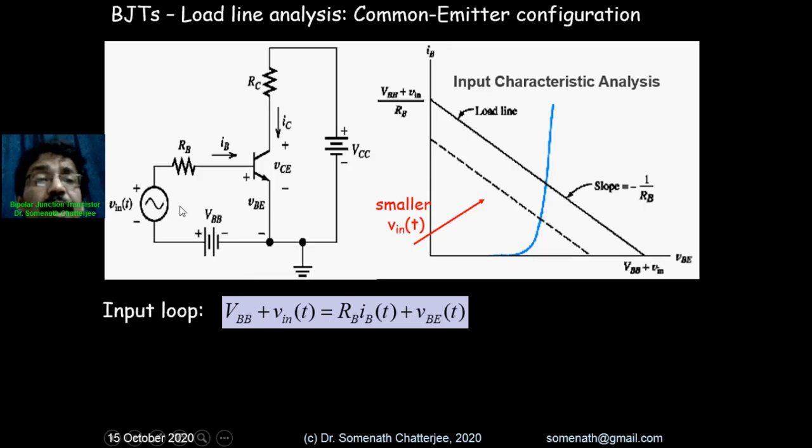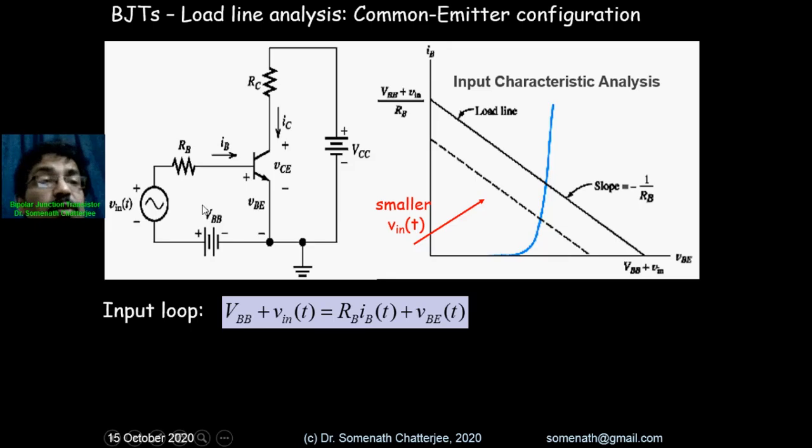So it is equal to what? RB times IB, the potential drop across RB, plus the potential drop in the base to emitter junction. That is VBE.